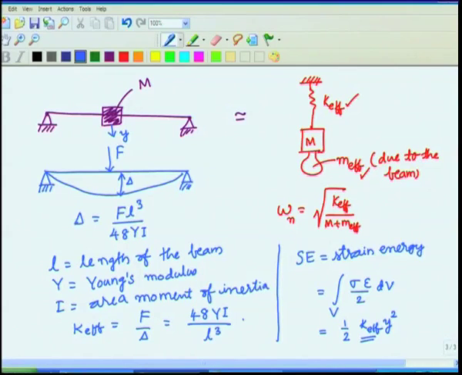Similarly, when we want to get the effective mass, we would try to get effective mass such that half M effective times y dot square, that is a kinetic energy. If I have a mass that is moving with a velocity v, its kinetic energy is half m v square. Here that velocity is time derivative of this y.